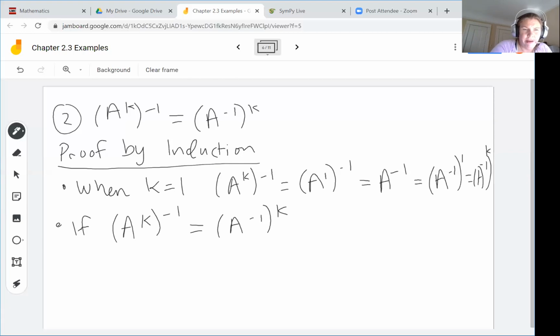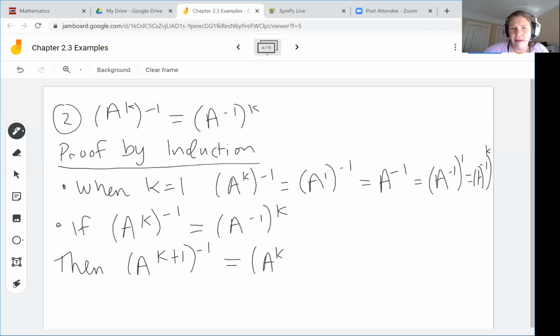So then A to the k plus 1 inverse equals, by our exponent properties, we could take this one and say A to the k times A to the negative 1, except it reverses by our exponent properties. So I put my k in the wrong spot here. All right, so that's A times A to the k to the negative 1.